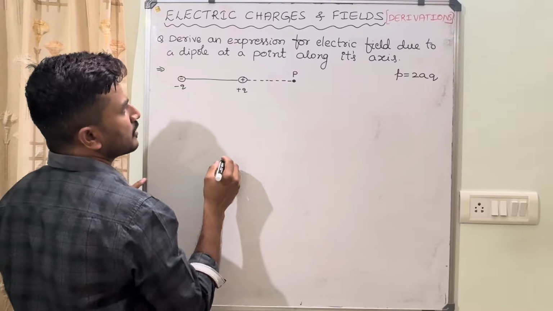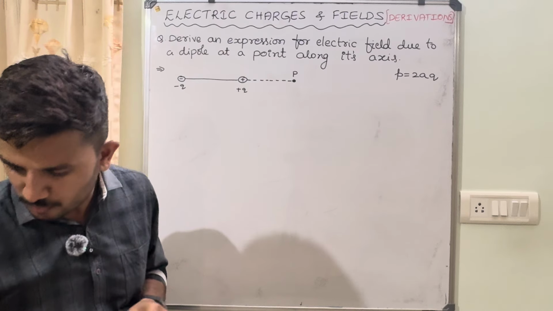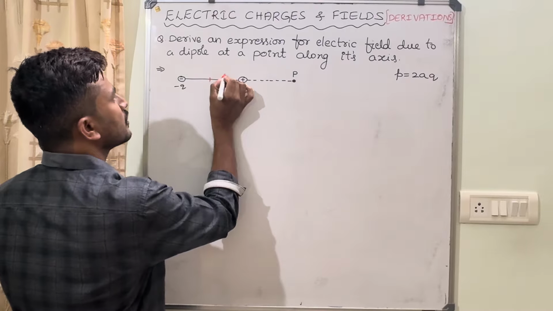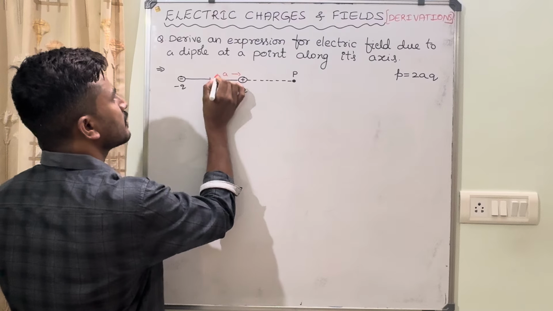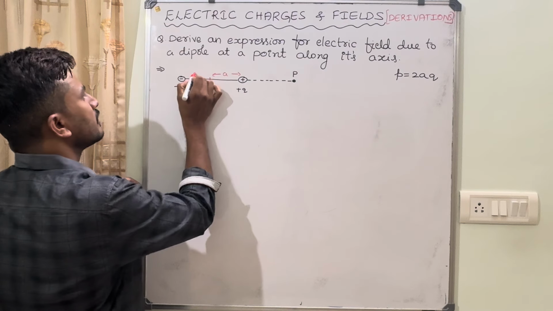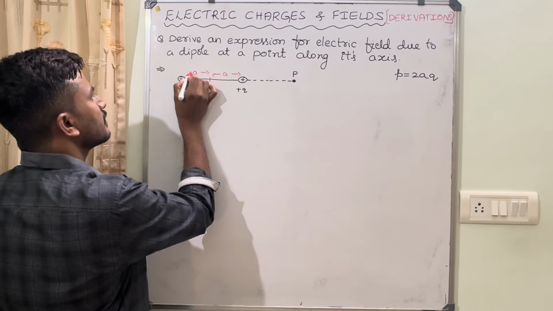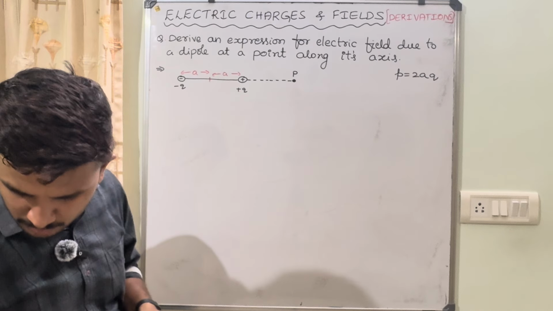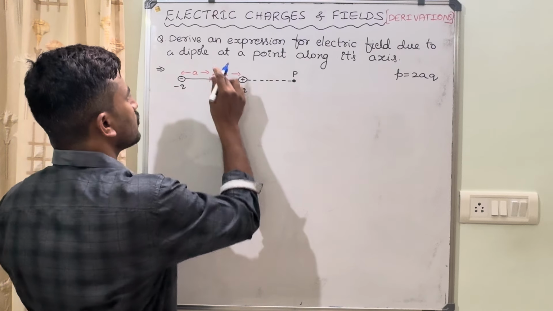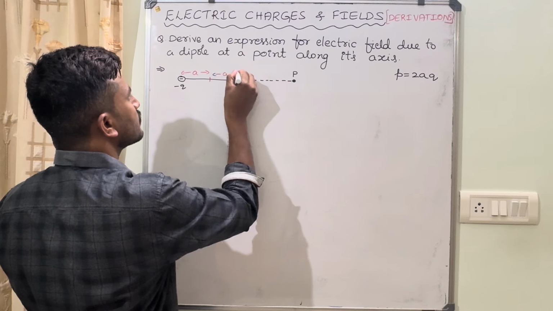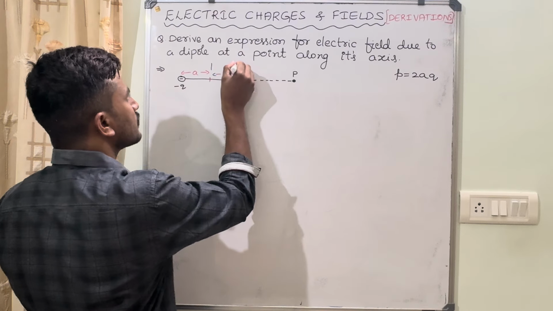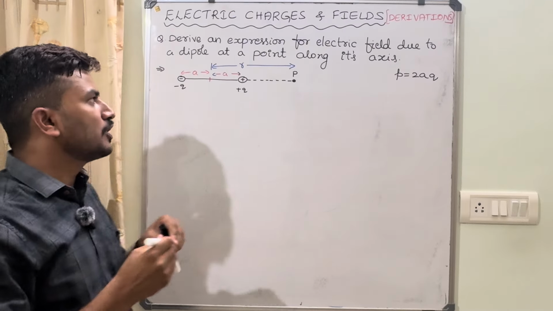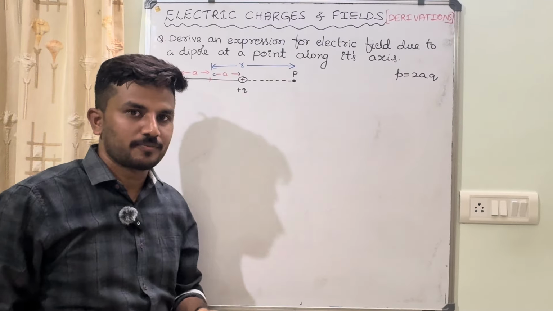Capital P is the point which is at a distance r from the dipole center. From the center to each charge the distance is a, and from the center of the dipole to point P the distance is r. We need to find the electric field at point P.